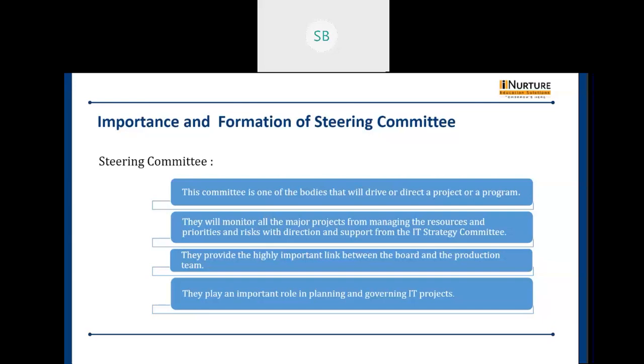They will monitor all the major projects, managing resources, priorities and risk, with direction and support from the IT strategy committee. This is in a broad approach. In a small approach, when you go for your major project in the final semester, you will be the one doing the project, but you need someone who will help and guide you.